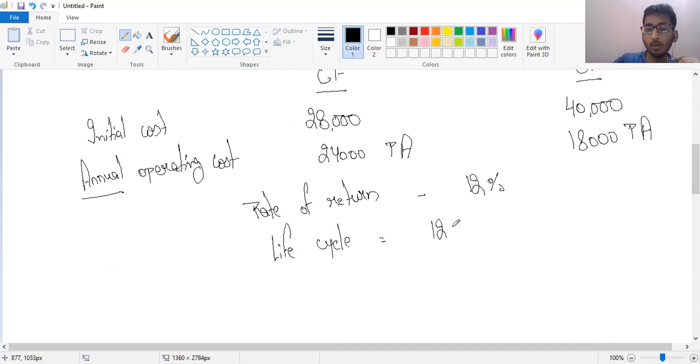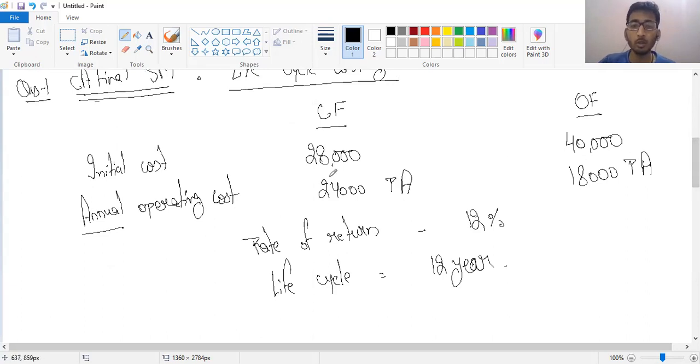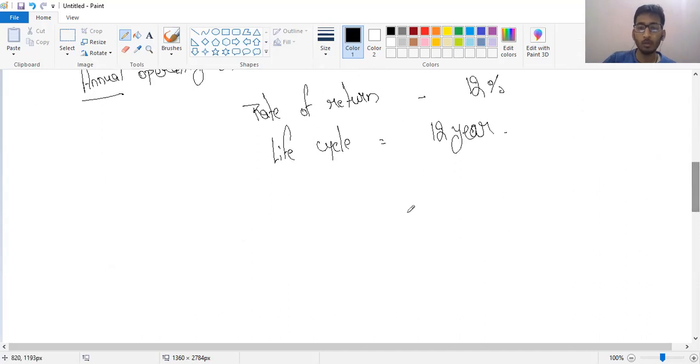So what we need to do is compare on the basis of cost which product would be better. Why on the basis of cost only? Because we are given only cost. So now the answer for CF and OF.